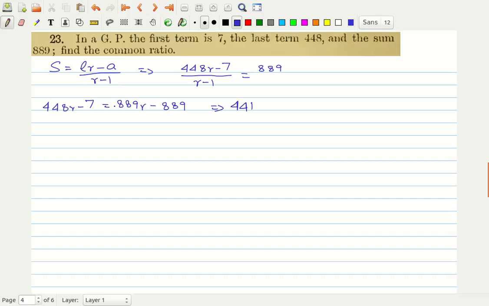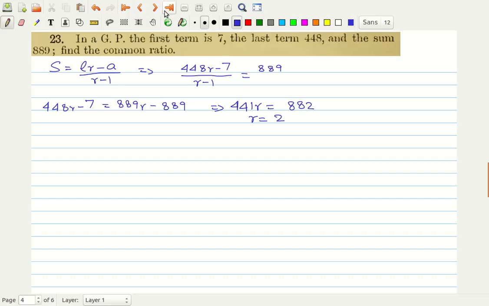So 441 R is equal to 882, right? Because 889 minus 7 is 882, so R is going to be 2, right?